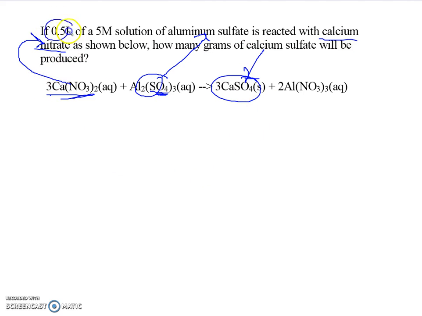Alright, we're starting with 0.5 liters, that's a volume. We're given 5 molar, that is a molarity. Now this is for aluminum sulfate, and we're trying to go to grams. So I can use this to find my moles here, my N, right?